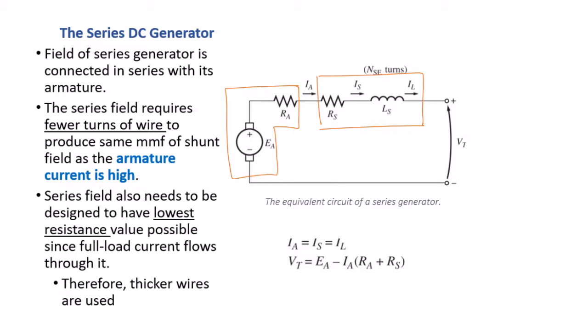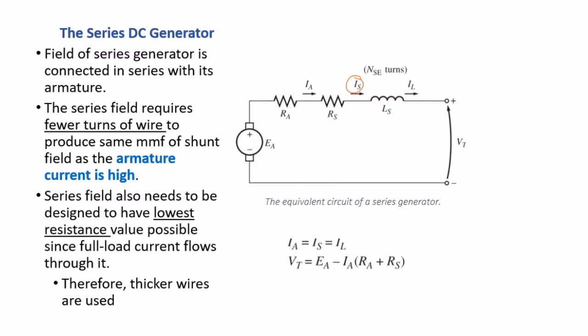Because the series winding is in series with the armature, we can see from this equivalent circuit that the field current is symbolized with IS, rather than IF. But for me, it's just the same thing. You can use IF or IS.